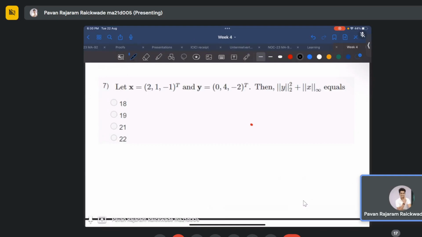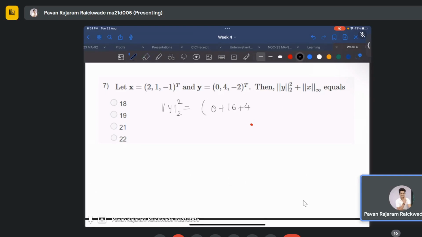Then question number 7. If x is (2, 1, -1) and y is (0, 4, -2), what is the squared 2-norm of y plus the infinity norm of x? In calculation, the summation of squares of entries is 0 plus 16 plus 4.